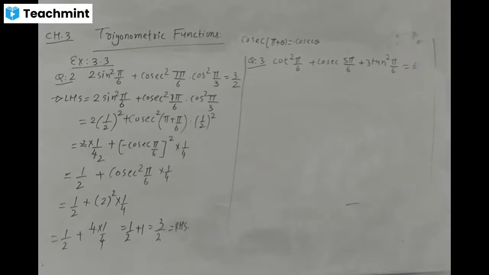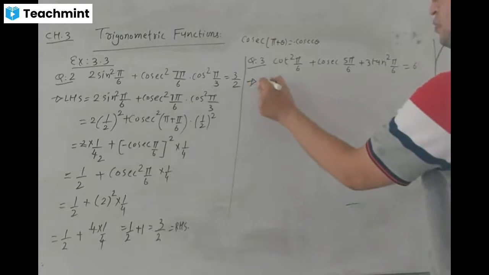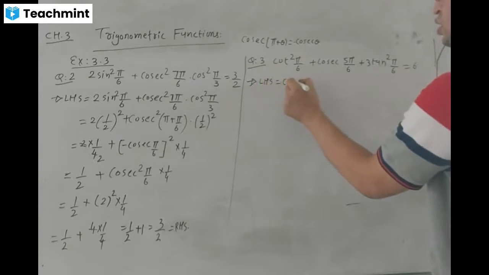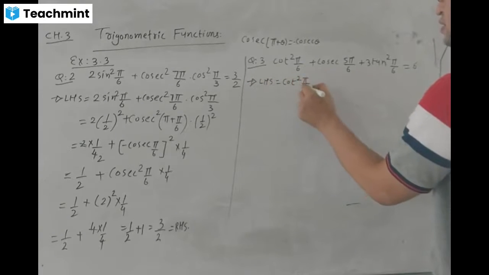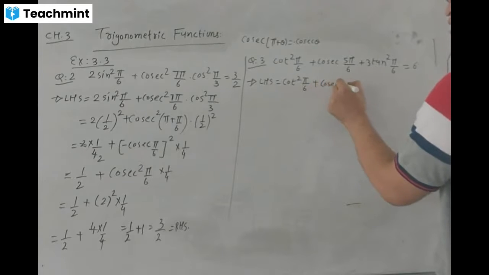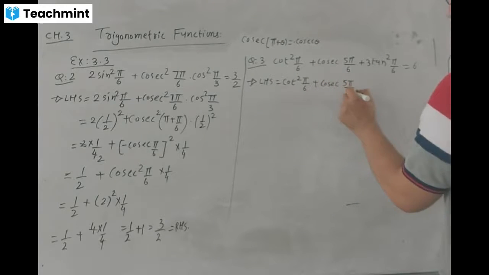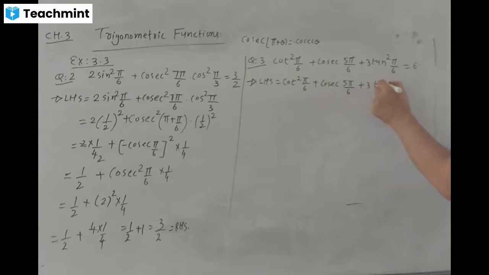That we proved. First we write the left hand side. Left hand side is equal to cot square pi by 6 plus cosec 5 pi by 6 plus 3 tan square pi by 6. What is the value of cot pi by 6?